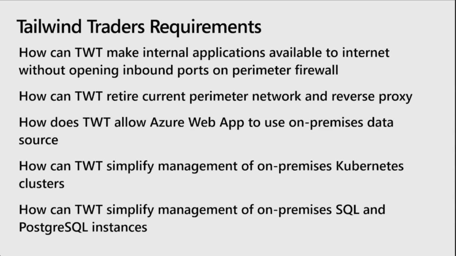So instead of running on IIS, these applications are now running as web apps. But Tailwind Traders wants to be able to allow these web applications to use on-premises data sources such as SQL Server that's running on-prem.